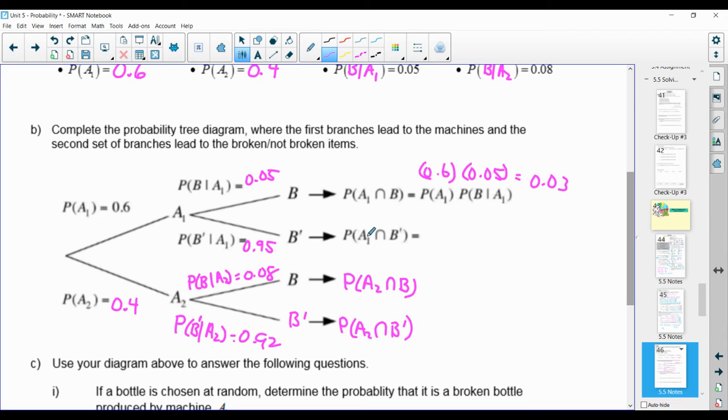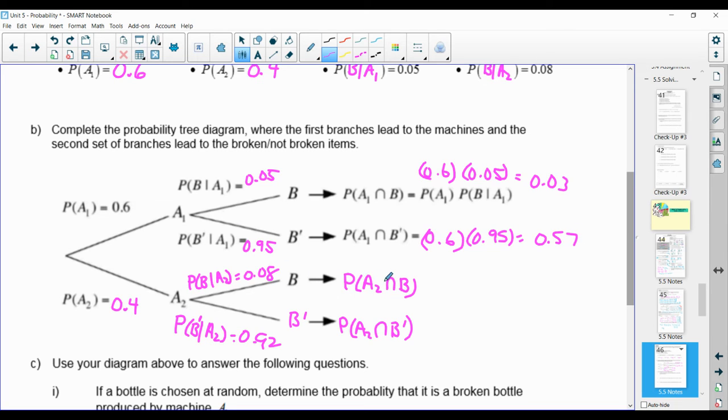Now the probability of A1 and not broken, normally I'd write out this piece here, but just to save space, I'll just explain it. This would be the probability of A1 times the probability of not B given A1. So we're going to have 0.6 times 0.95, which equals 0.57.